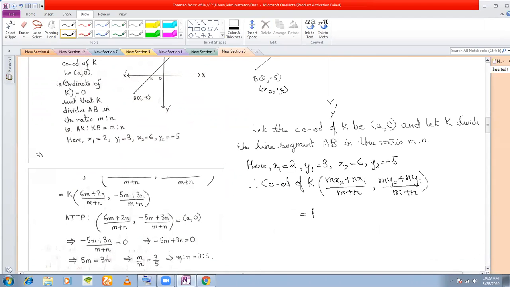by m plus n, is equal to K. Put the value here. M we have taken as M, so M will remain as it is.